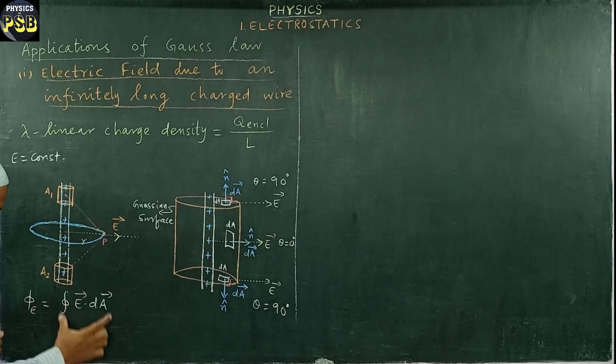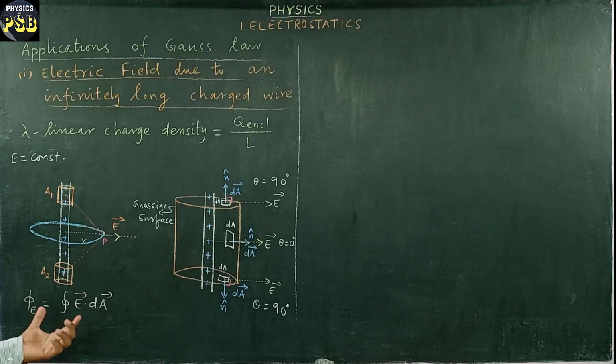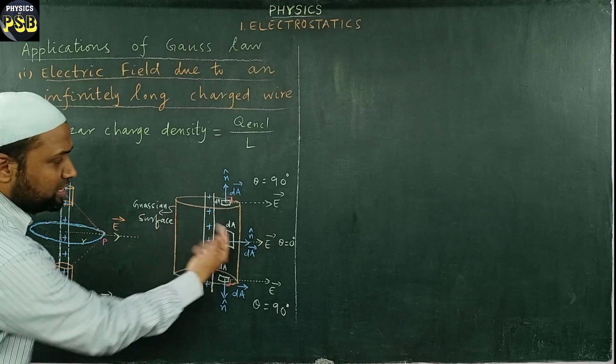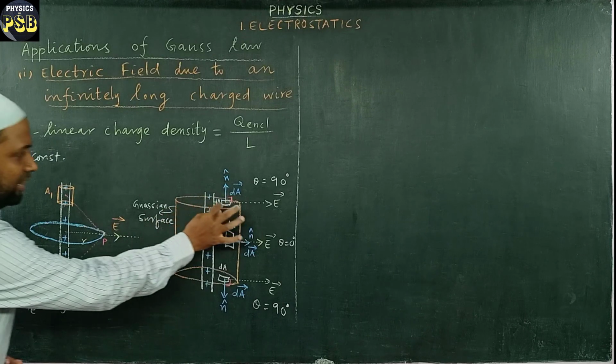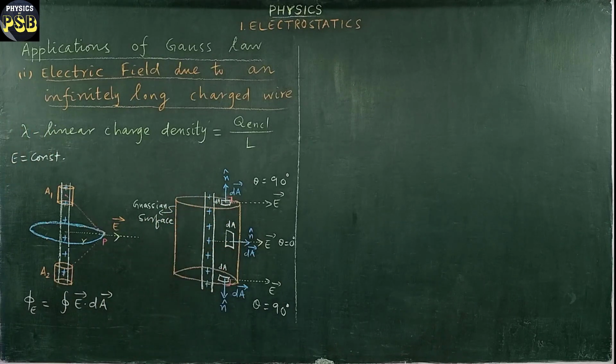So I am going to expand this. Now if you look at this carefully, you will find here I have taken a closed integral. This stands for the closed surface. So when I expand this, I take these 3 area elements.